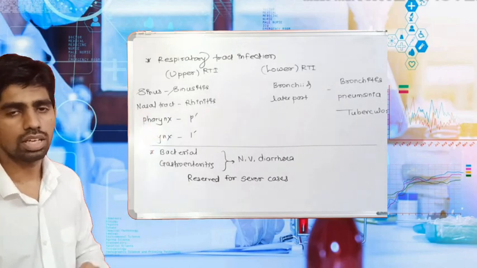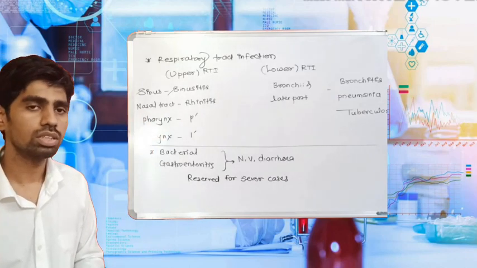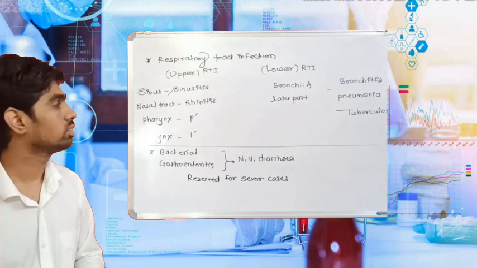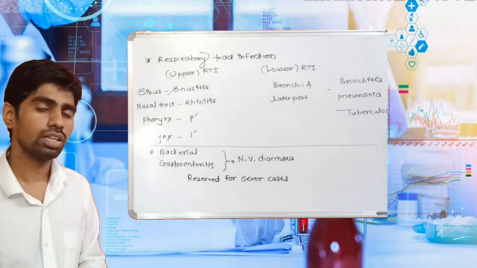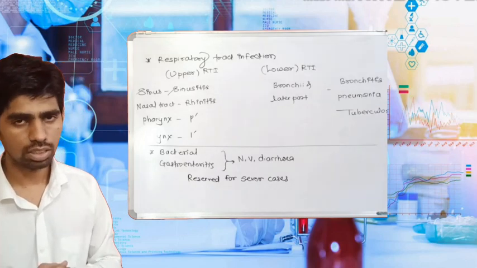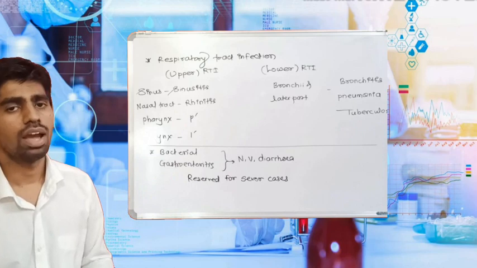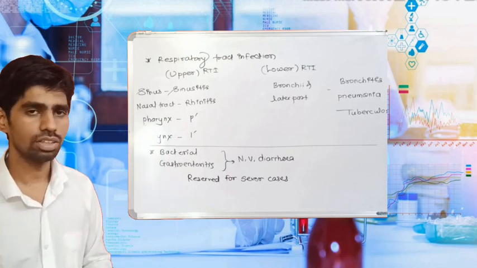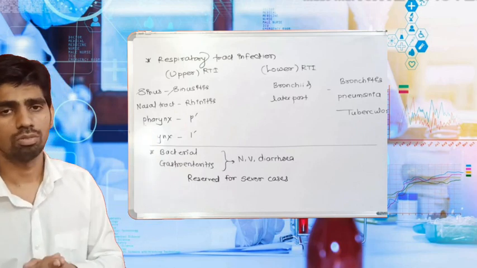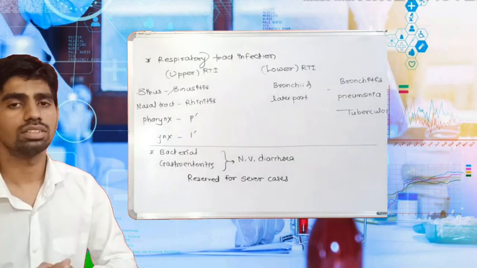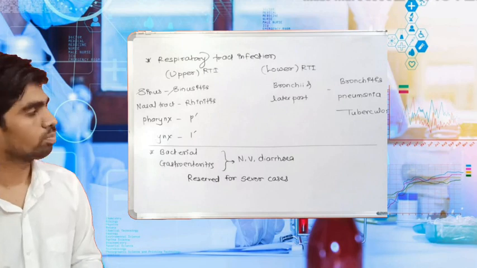Now, these are the parts of the upper respiratory tract. The first one is the sinus. When infection or inflammation occurs in the sinus, that is known as sinusitis. When the infection is associated with the nasal passage, it is known as rhinitis. If associated with the pharynx, we use the word pharyngitis. When associated with the larynx, that is known as laryngitis.